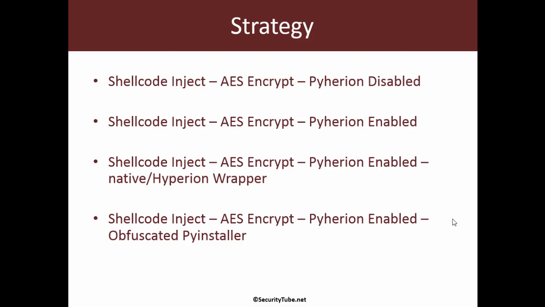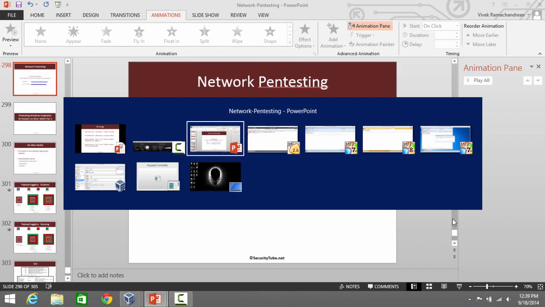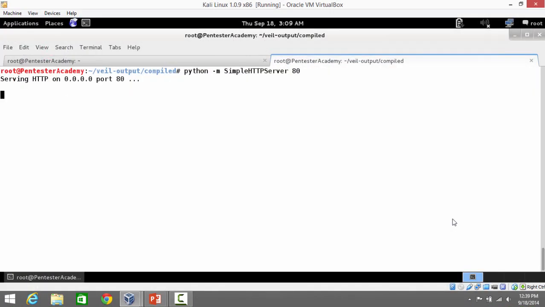So I'm going to probably use a subset of these techniques. I'm going to use the shellcode inject payload, which has AES encrypt. And first, I'm going to have the PyHerion option disabled. So let me go in here. Here is my Kali Linux instance which is running.